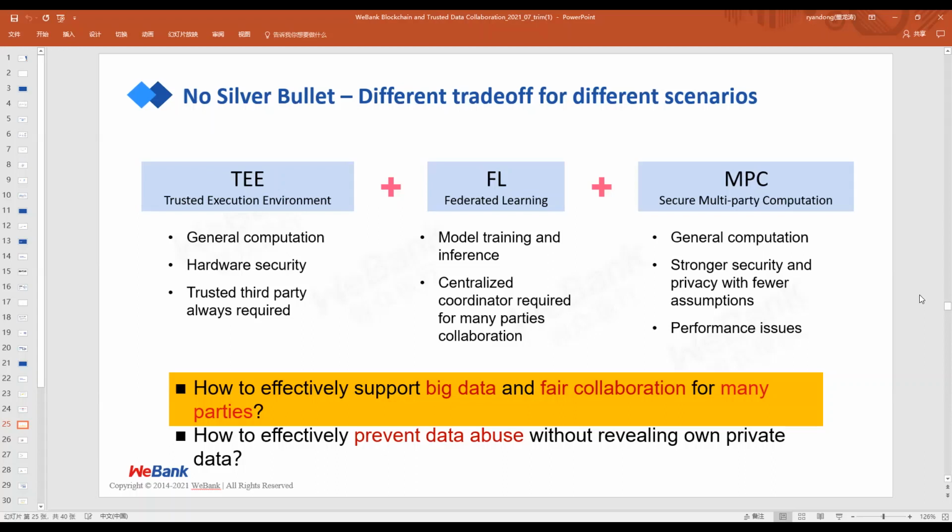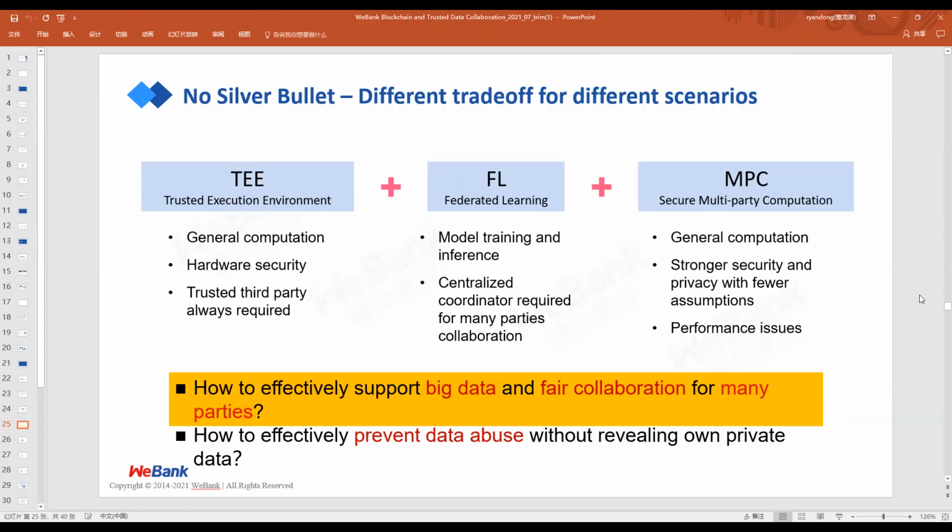It's also very costly if something goes wrong with the hardware. The second technique is called federated learning. It's more focused on model training and inference prediction. For other tasks, you will need a more general solution like MPC, secure multi-party computation. MPC has stronger security and privacy features than typical FL, the federated learning algorithm.